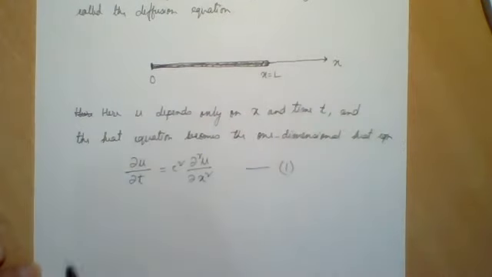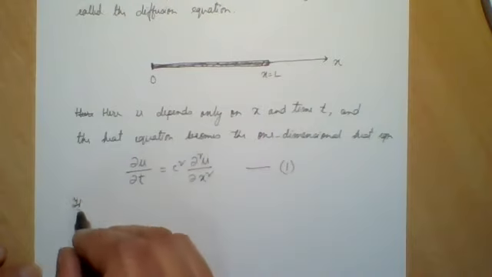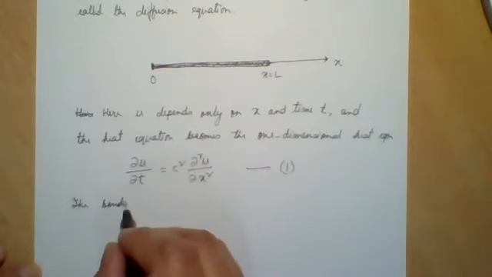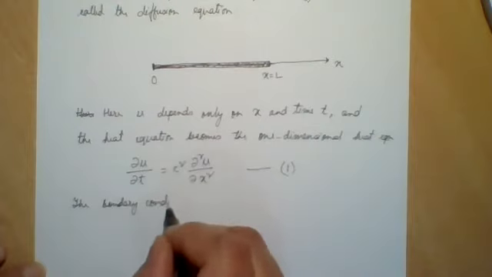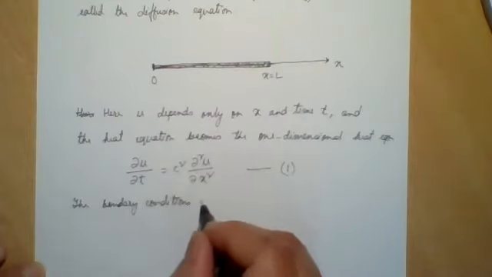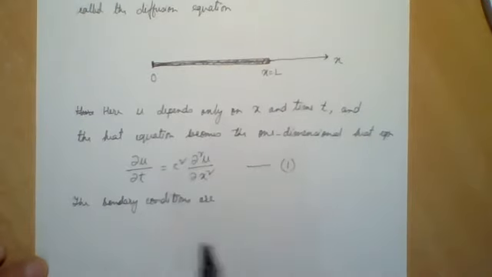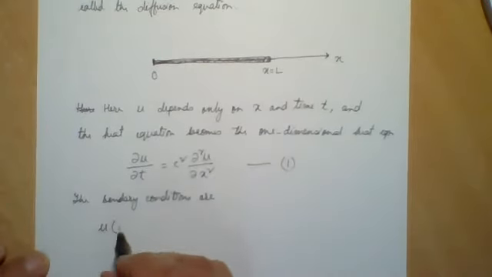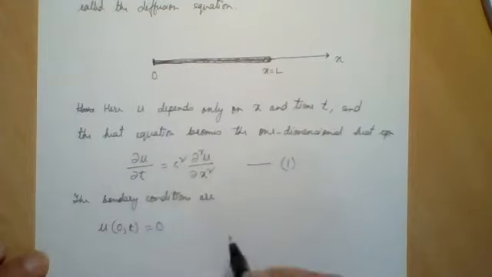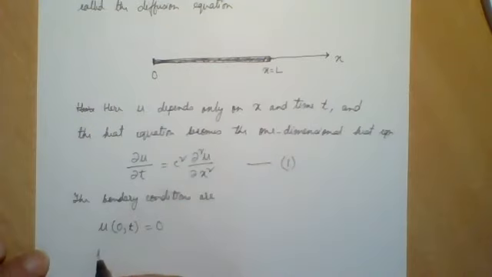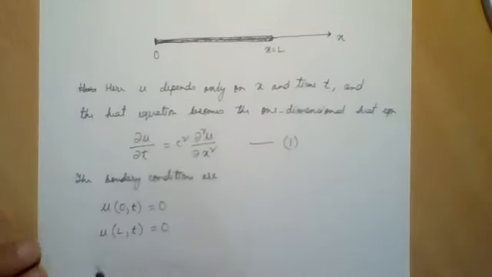Okay, so the boundary conditions are U at x equal to 0 at any time is 0, and U at x equal to L at any time is also 0, for all time t.